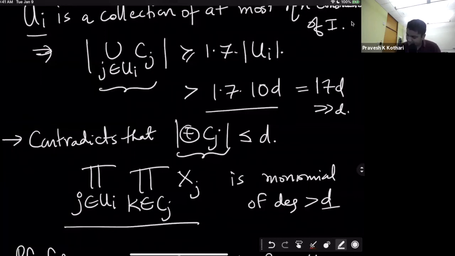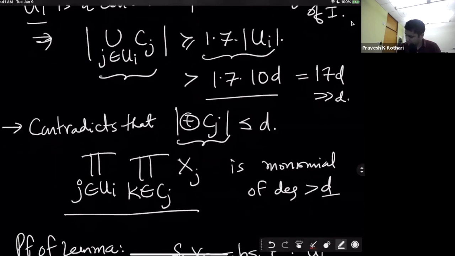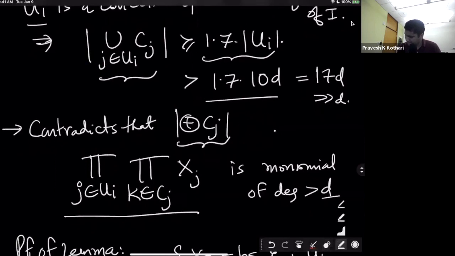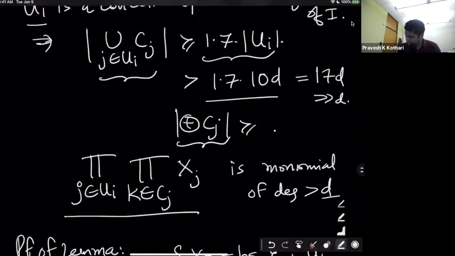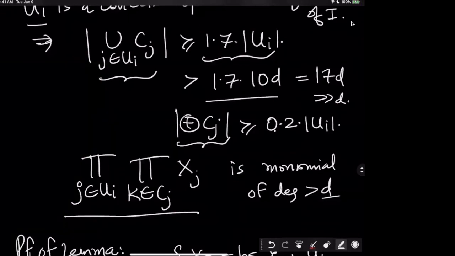And so now the point is this. I claim that if the union is 1.7 times UI large, then this must be at least, so let's maybe do the contradiction a little below, this must be at least 0.2 times UI. And this 0.2 is simply 1.7 minus 1.5. Okay, do you see why?